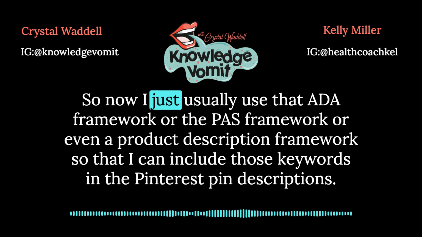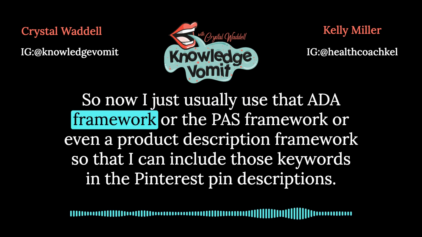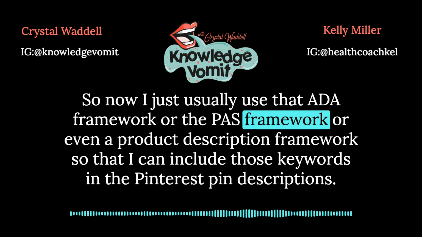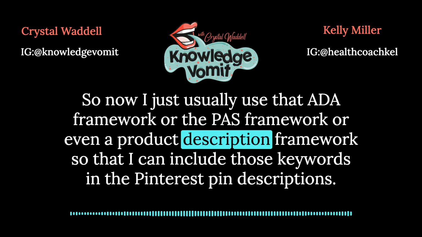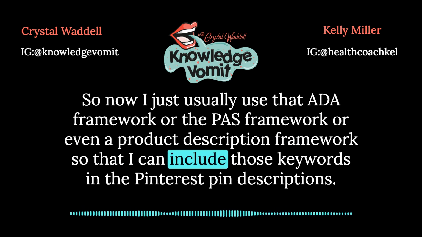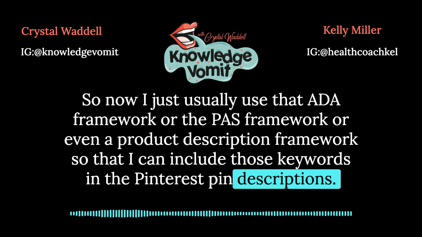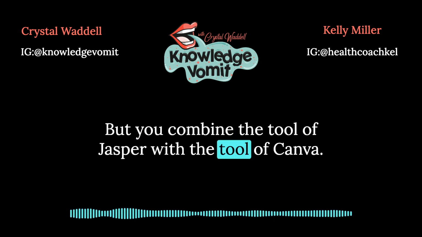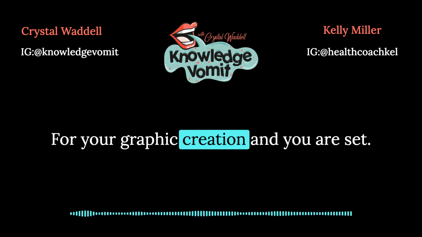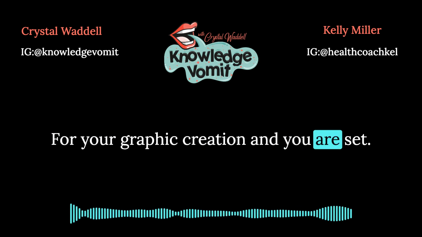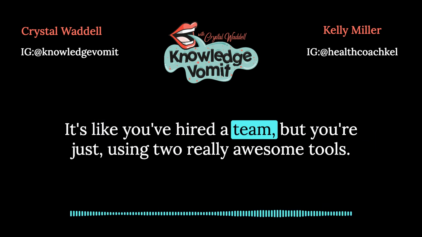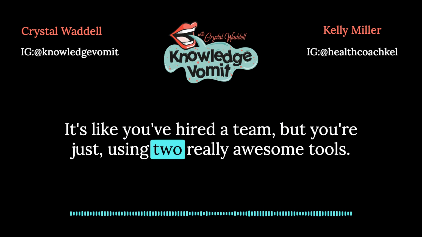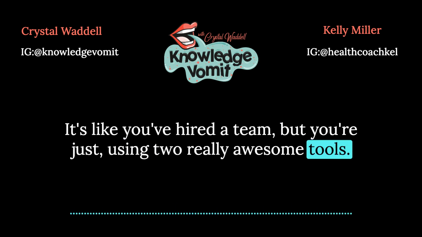So now I just usually use that ADA framework or the PAS framework or even a product description framework so that I can include those keywords in the Pinterest pin descriptions. But you combine the tool of Jasper with the tool of Canva for your graphic creation, and you are set. It's like you've hired a team, but you're just using two really awesome tools.